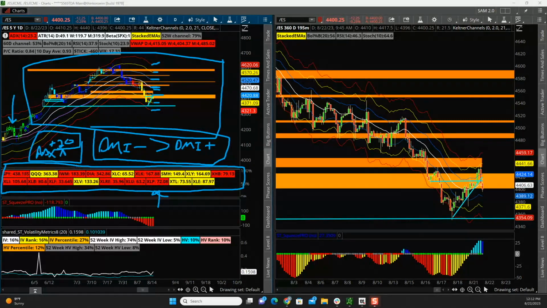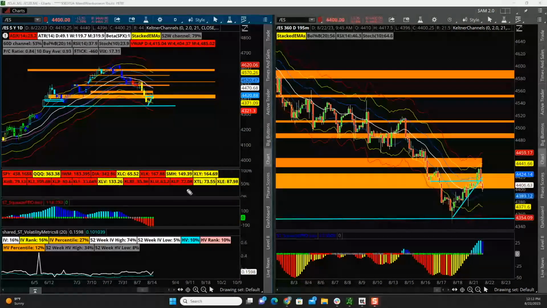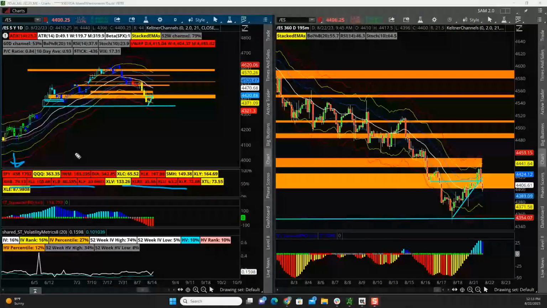So all these sectors that are red are showing that the trend strength is strong to the downside right now on the daily time frame.